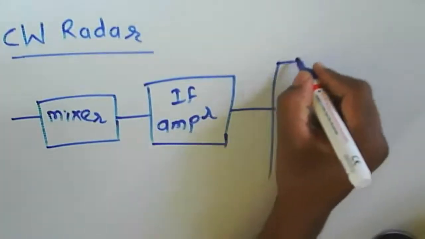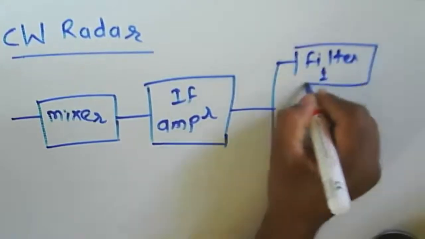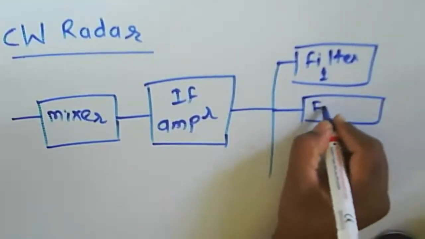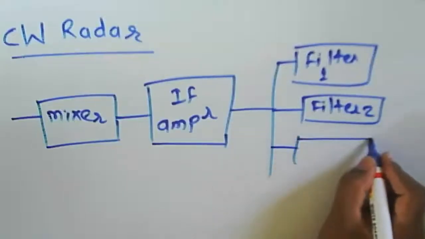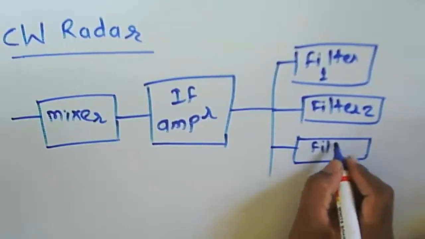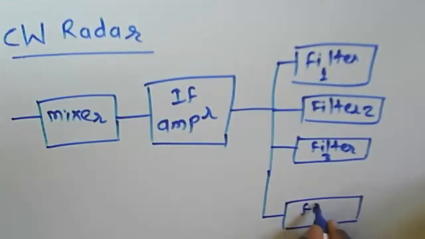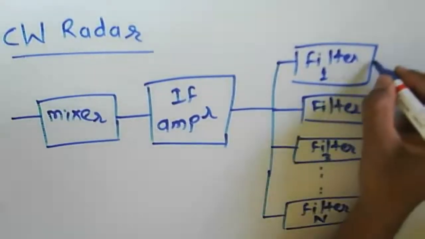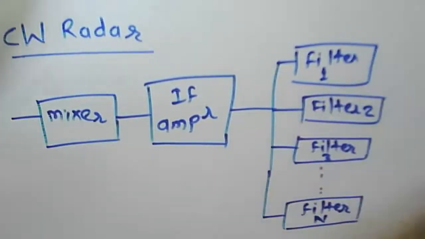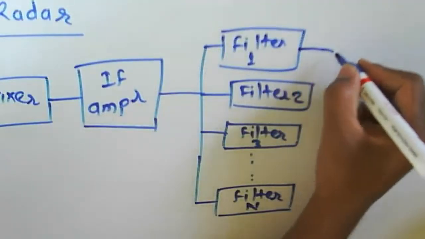Instead of that, we are supposed to use various Doppler filters: filter one, then filter two, then filter three. Likewise, we can use n number of filters, and for each and every filter, we can say that there will be a detector.